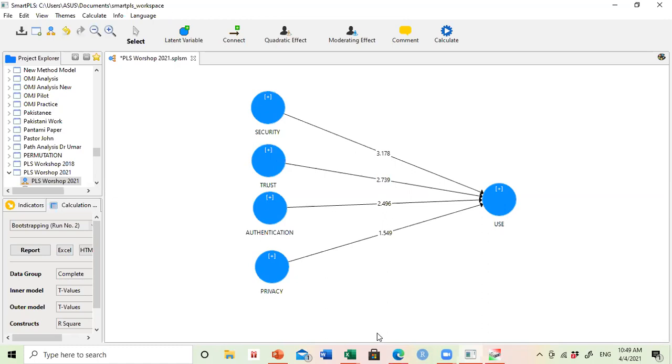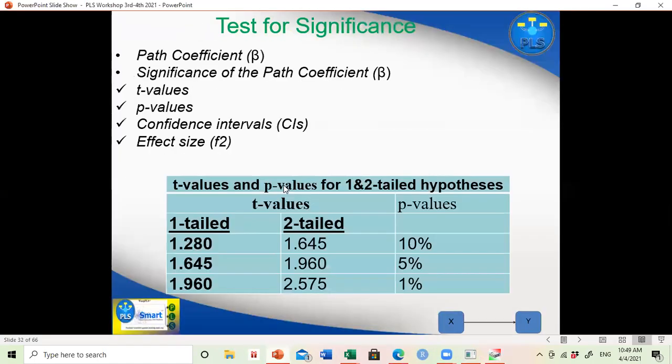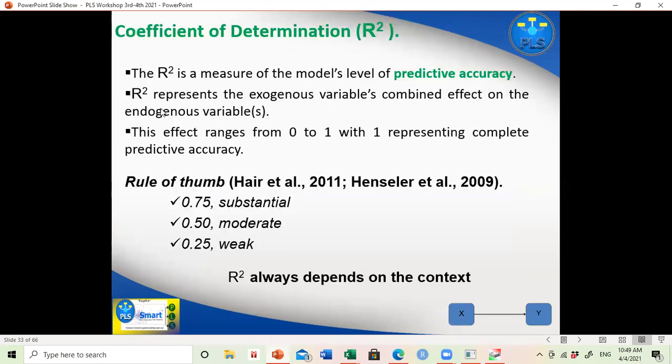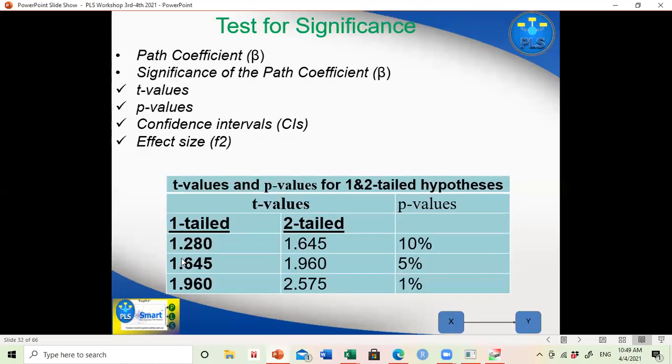Let me share it first. You see it, maybe. Let's go back to this table. Let's look at one tail. At one tail, the t value must be greater than 1.64 for it to be significant.